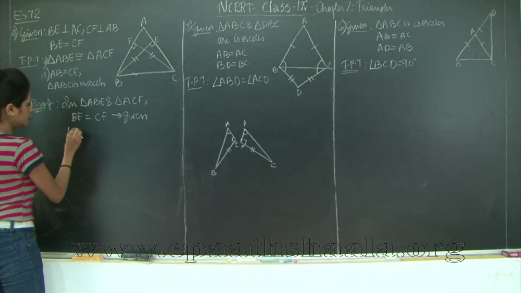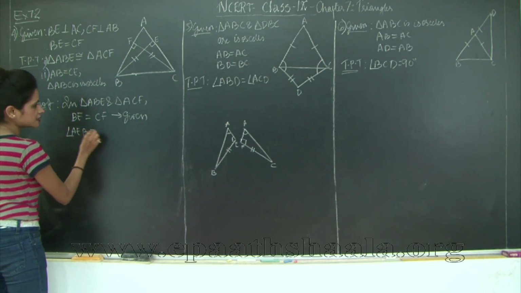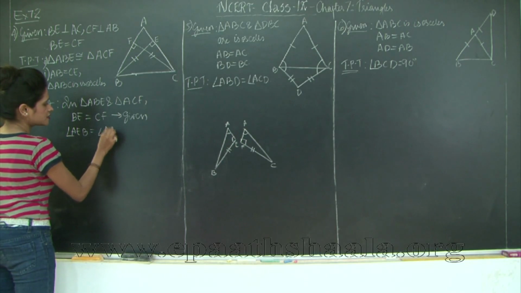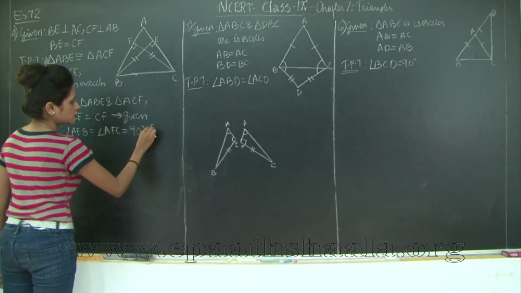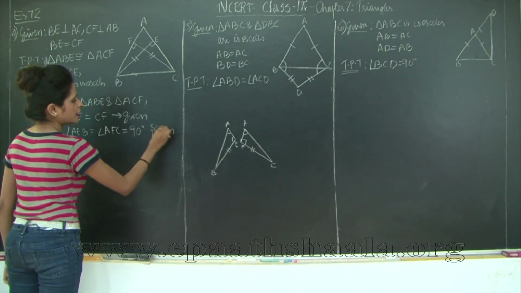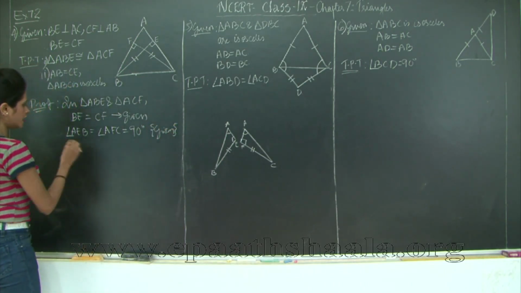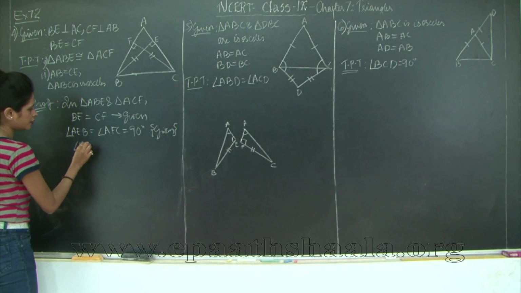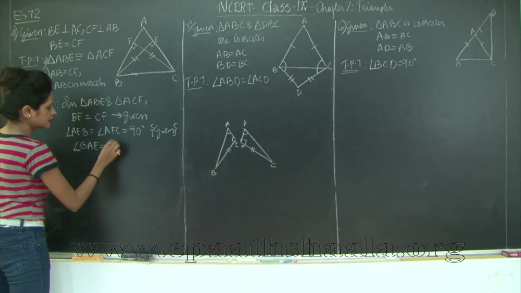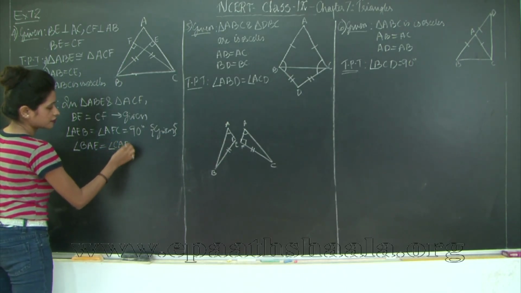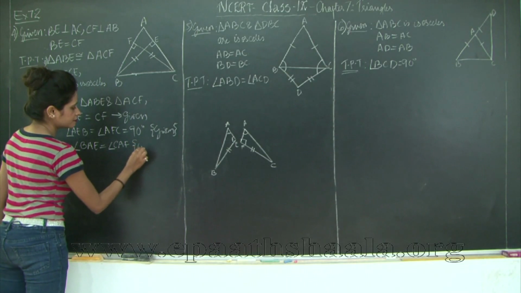Angle AEB is equal to angle AFC, which is equal to 90 degrees. This is also given since they are perpendiculars. Correct? And also angle BAE is equal to angle CAF. Why? Because it's a common angle.